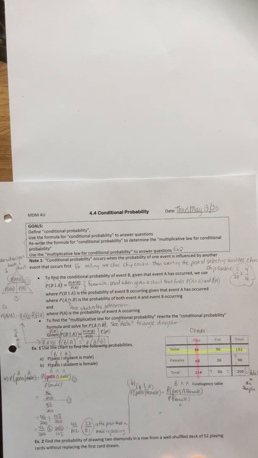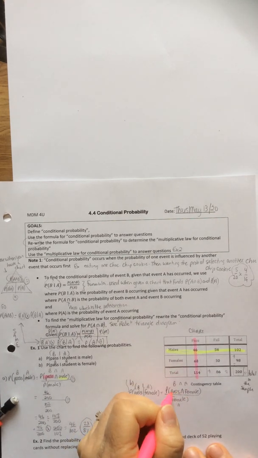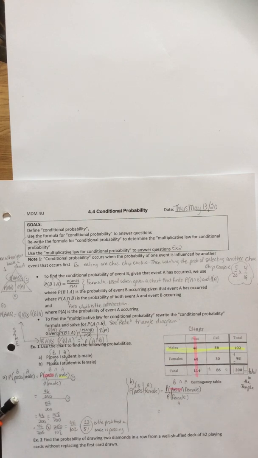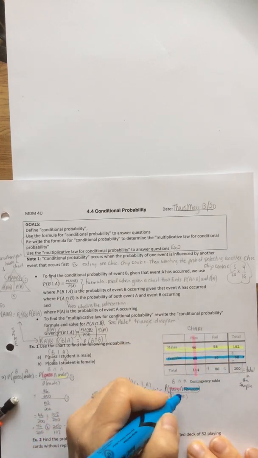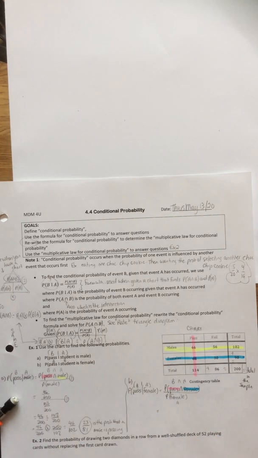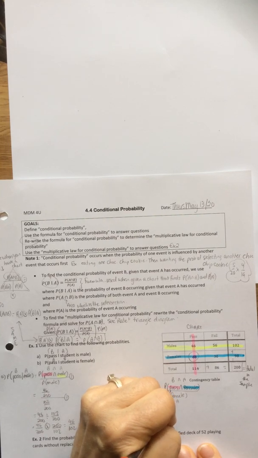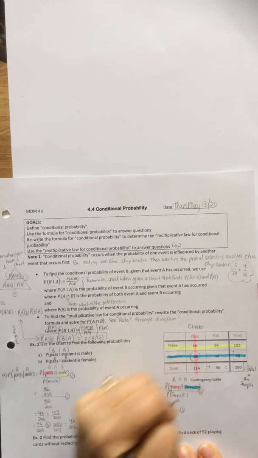Let's make it simple. So a pass is still pink. Okay, so where do the pink and the blue intersect? It's this one, right? So 68 over the 200 divided by the female.